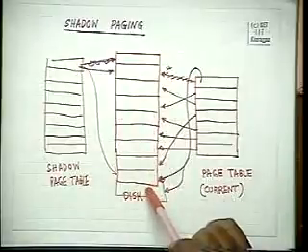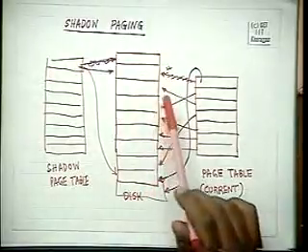Now shadow paging has a problem. The problem is of fragmentation, because you are always moving a page here and there.